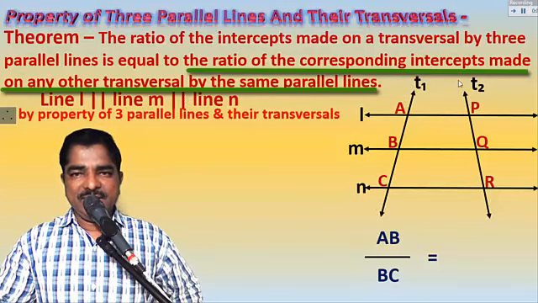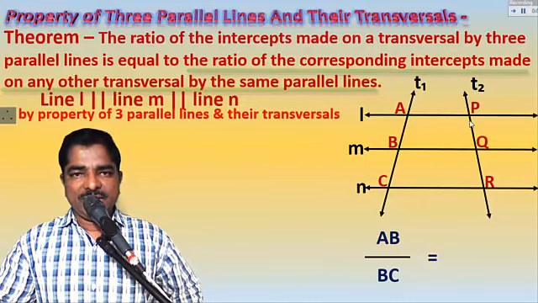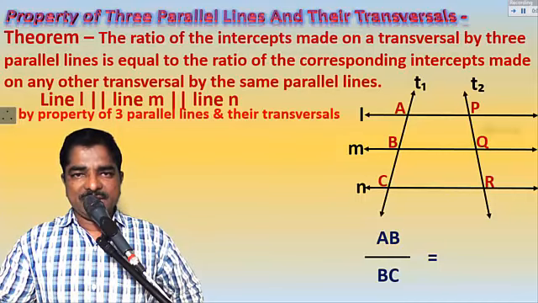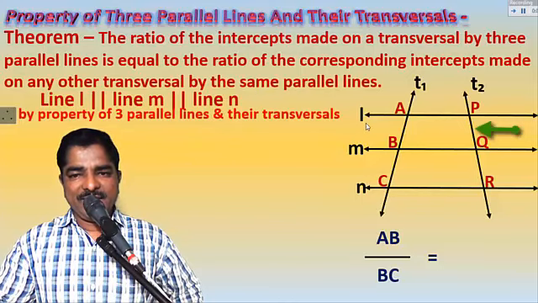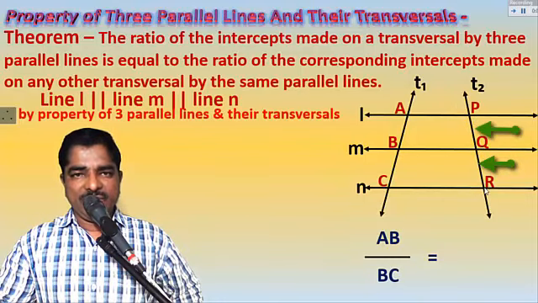The other transversal is T2, and on T2 the three parallel lines L, M, N make intercepts: the first intercept is PQ and the second is QR. Their ratio is PQ divided by QR.